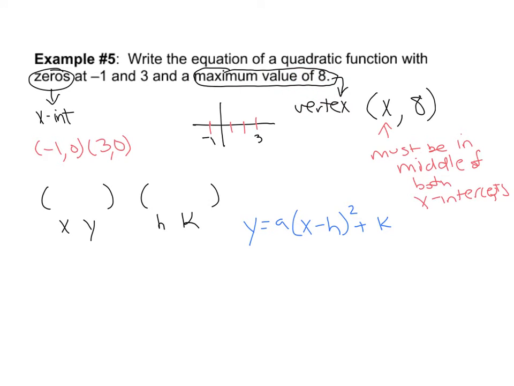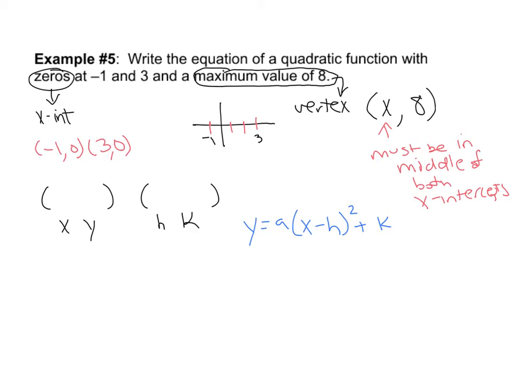They also give us the maximum value, which is our vertex. And we know the maximum value is 8, meaning that that's the highest it goes. So that's going to be the y value that we know. We have no clue what the x value is yet. But there's something special about a maximum. It's actually where the axis of symmetry would be.